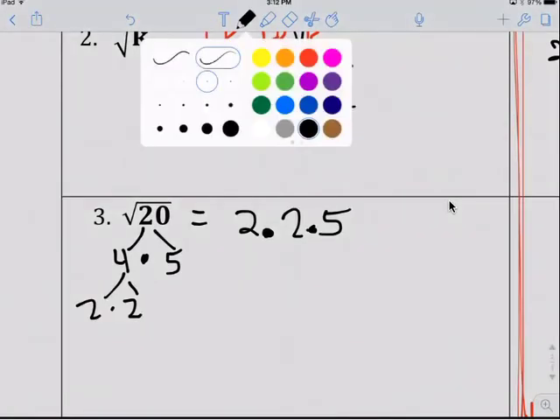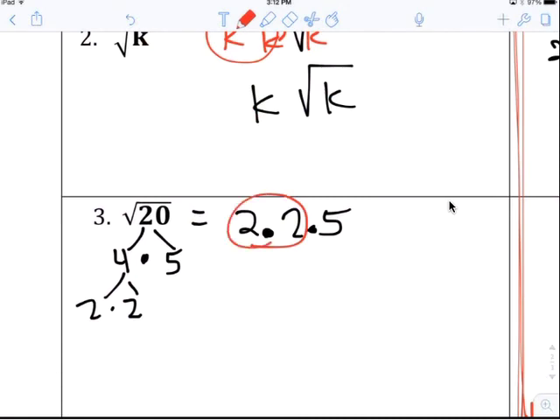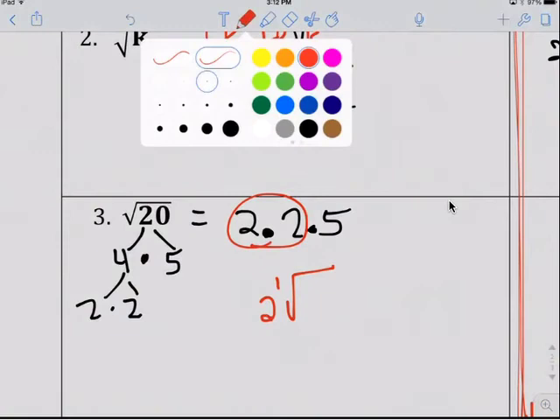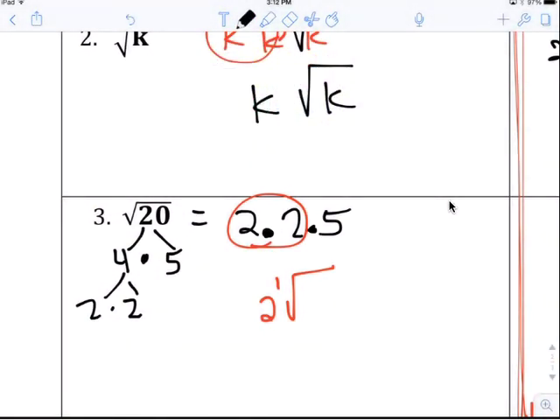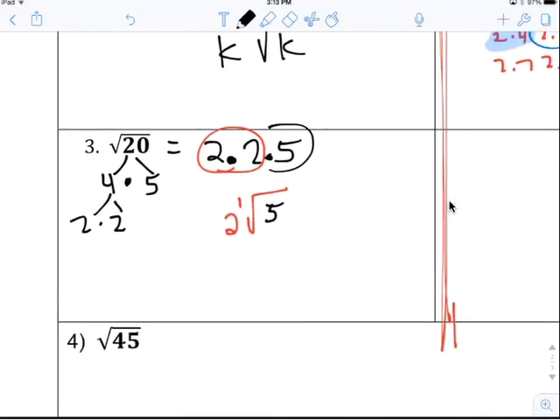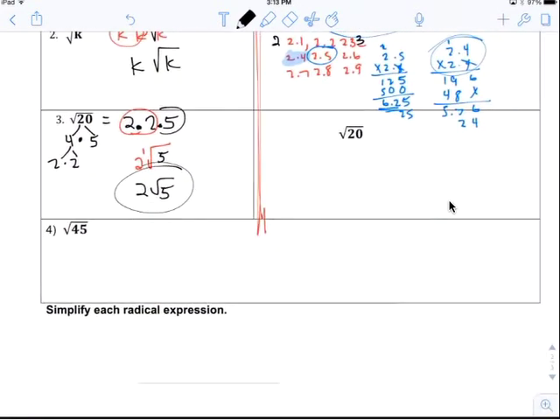So you only have one pair here. 2 to the first, times the square root of 5. Okay, that's how you do that.